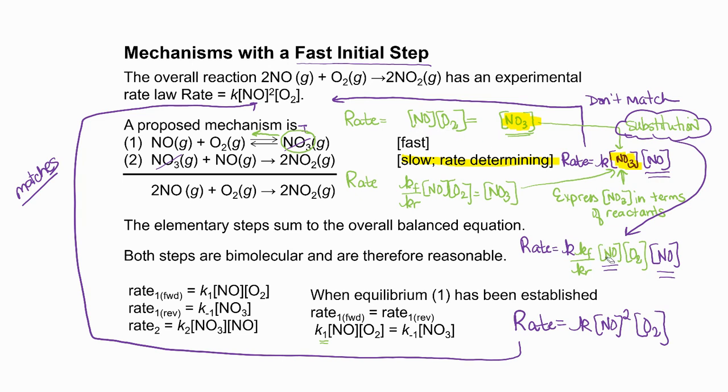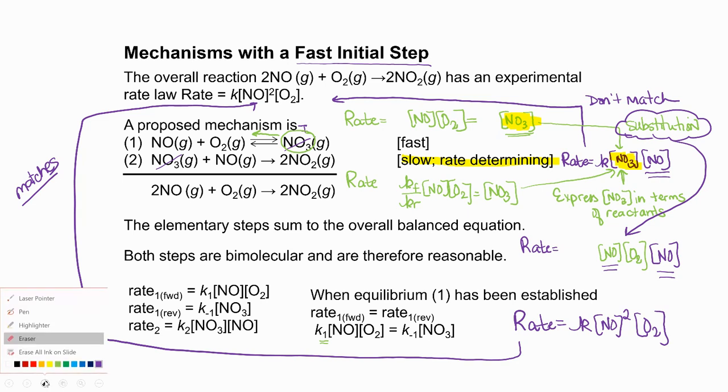Just substitute it. And don't even worry about the little K's, because you know that ultimately you have a K there. And so I think if I do that, get rid of all the little K's, it's just so much easier to see what we're up to. And we're just substituting the intermediate with the reactant concentrations.